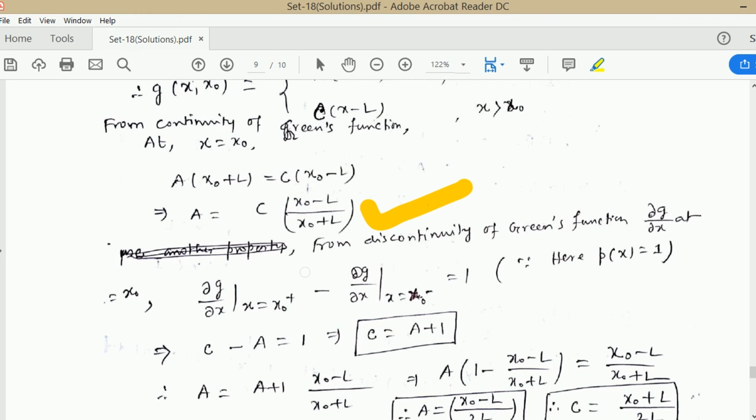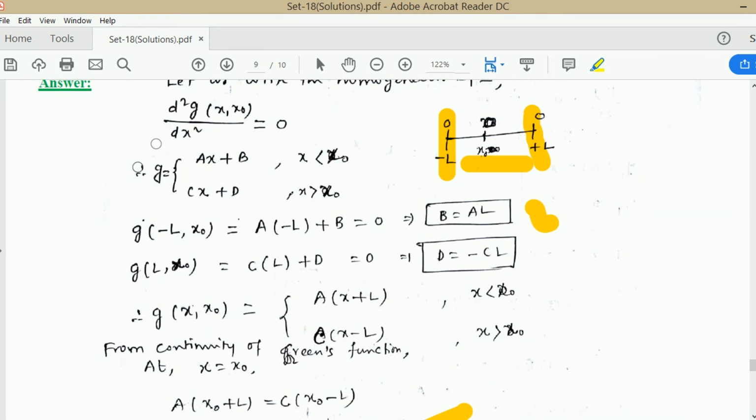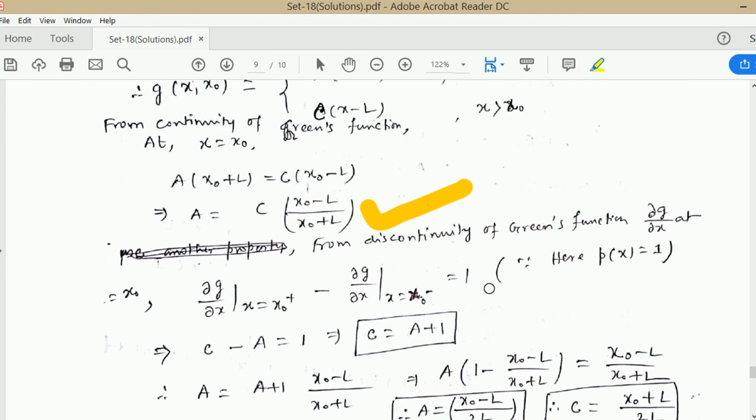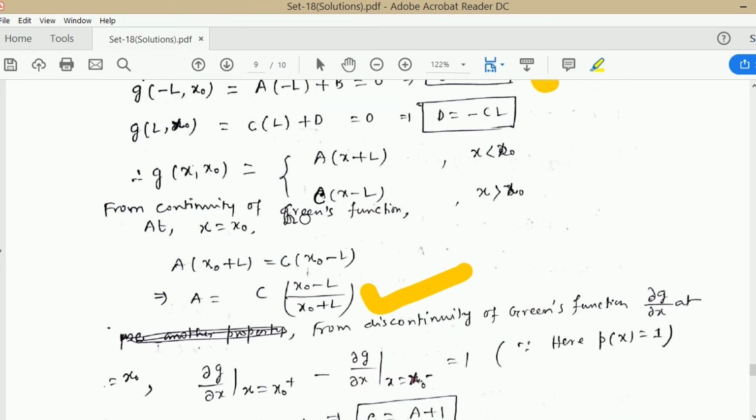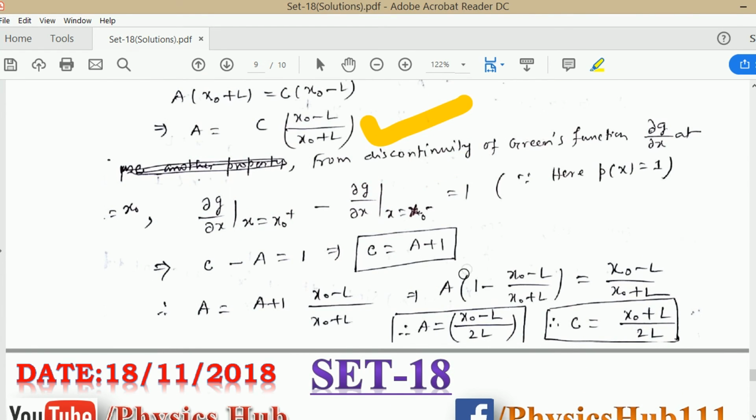Here the discontinuity is equal to 1 by p of x, but here p of x is 1, so 1 by 1 means 1. So taking the derivative with respect to x here, c minus a equals 1, so c equals a plus 1.